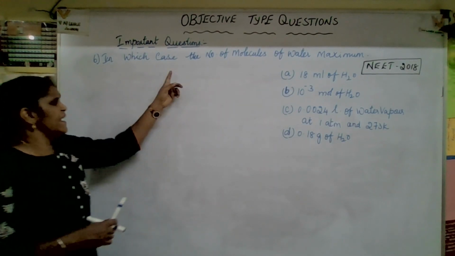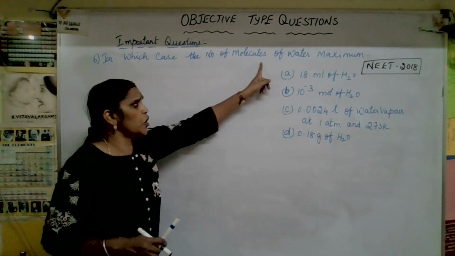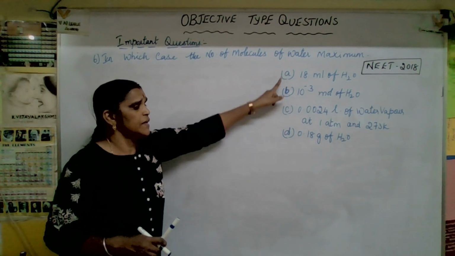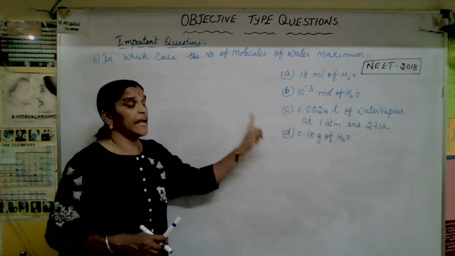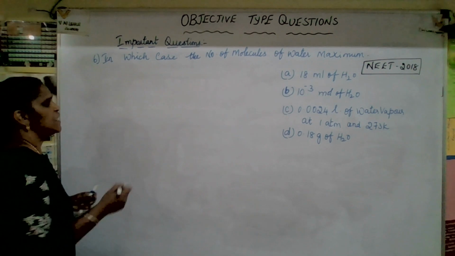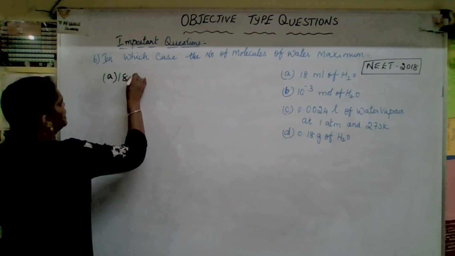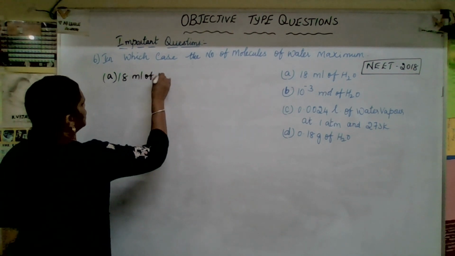The next very interesting and important question: in which case is the number of molecules of water maximum? They have given options A, B, C, D; in which option is the number of water molecules maximum? Okay, the first option A is 18 ml of water.